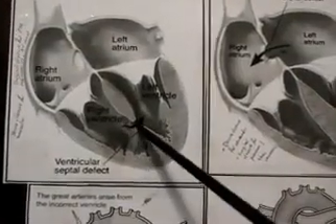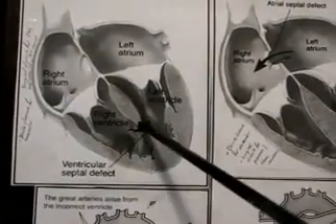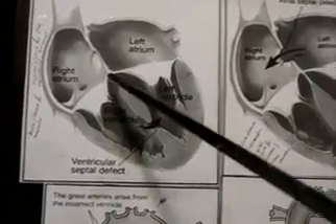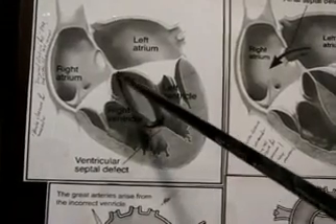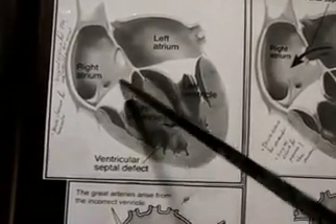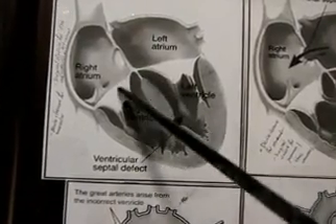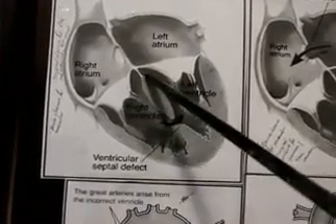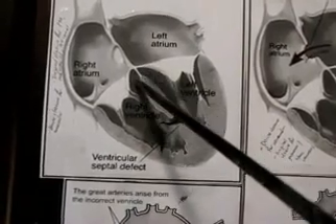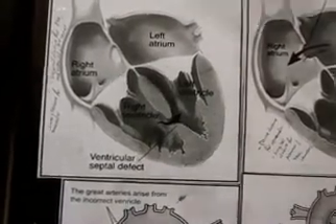There are also different types of VSDs. There's muscular VSD, where the hole is in the muscular portion of the interventricular septum. You can have a perimembranous VSD, which is up here in the membranous portion of the septum and is continuous with one of the leaflets of the tricuspid valve. There's also a coronal septal defect, which is continuous with the infundibulum that separates the pulmonary artery from the aorta.